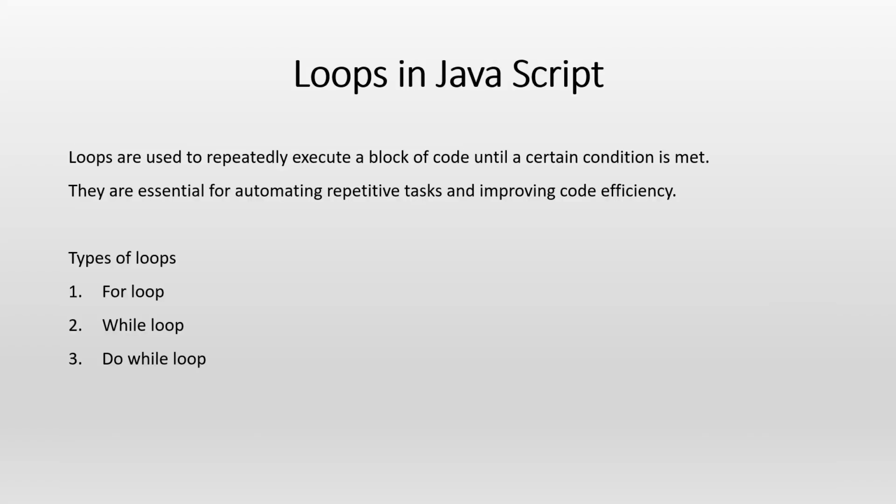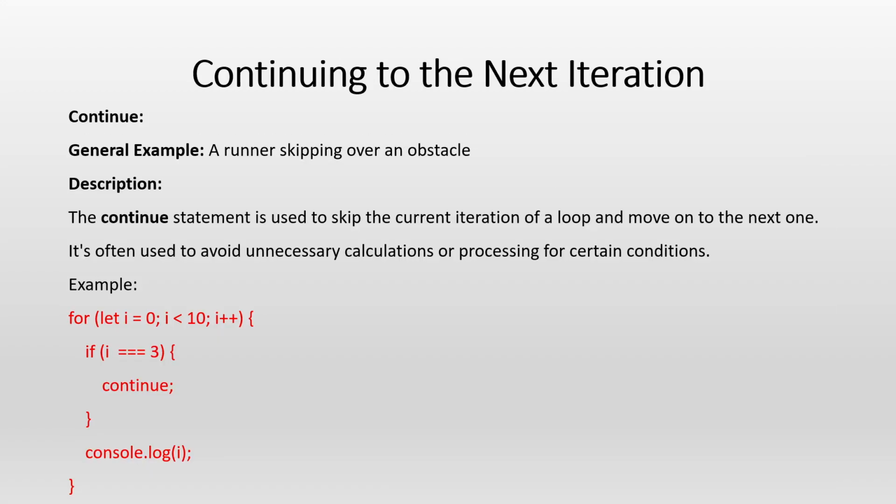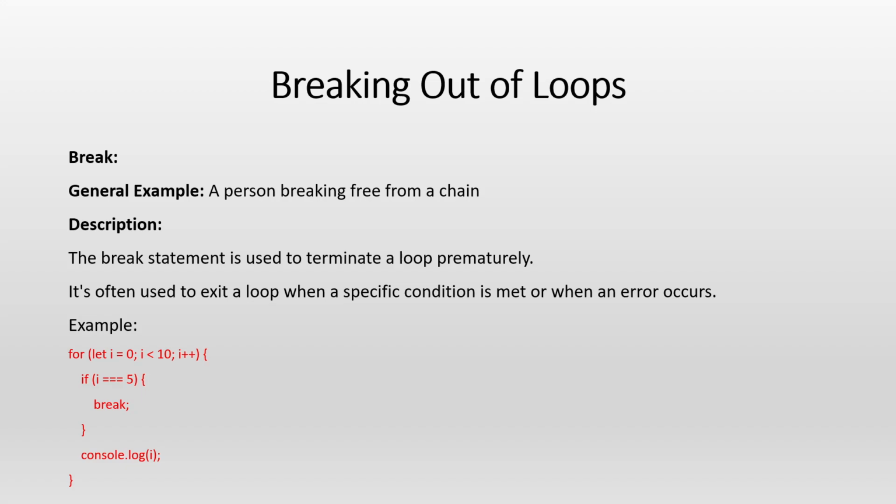So what is this break? To put it simply, a general example: a person breaking free from the chain. If the person wants to break free from the chain, at that time we are going to use this break.